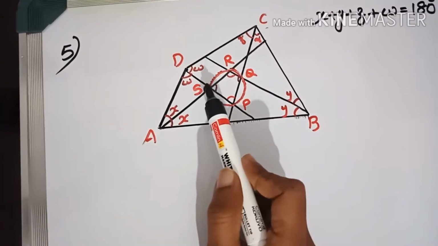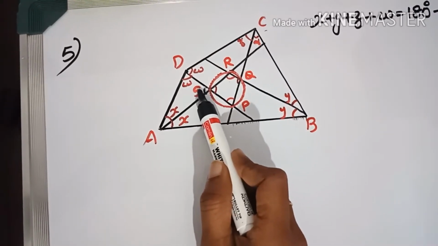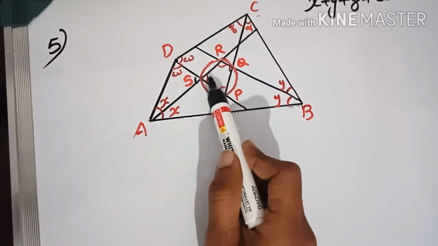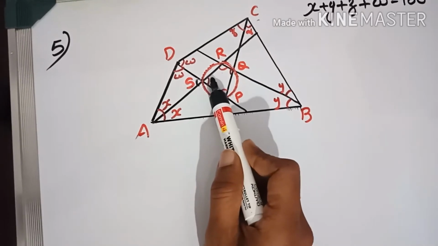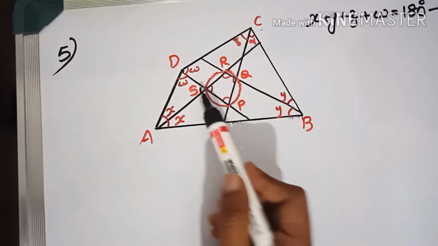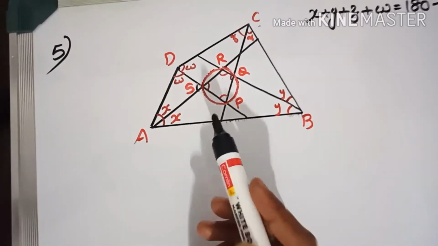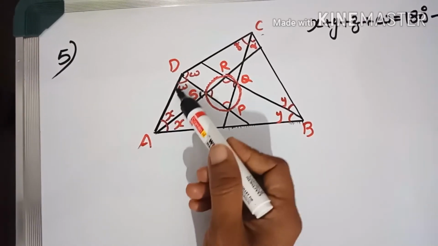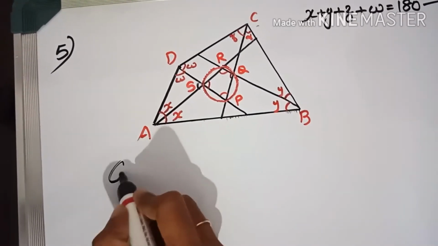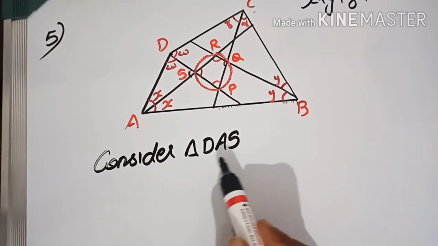Opposite angles are always equal. So if we can find this angle, we can say that this is also the same. So here it is not possible to consider a triangle, but here one triangle with two angles. So it is possible to consider the triangle DAS.